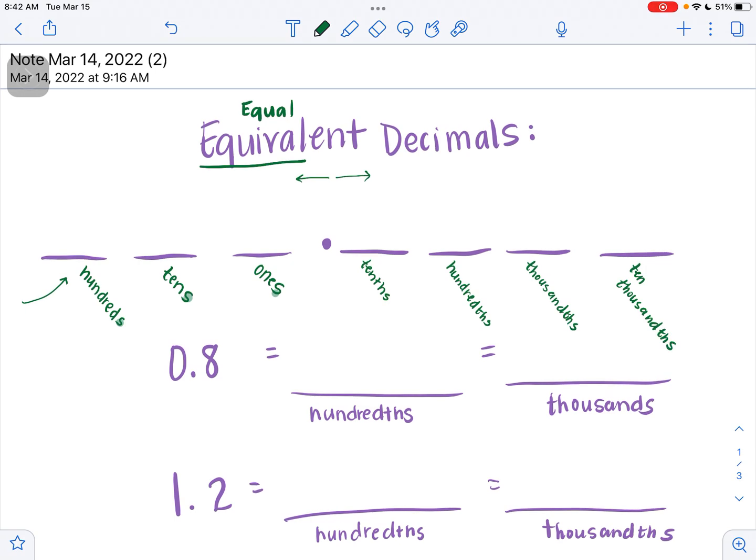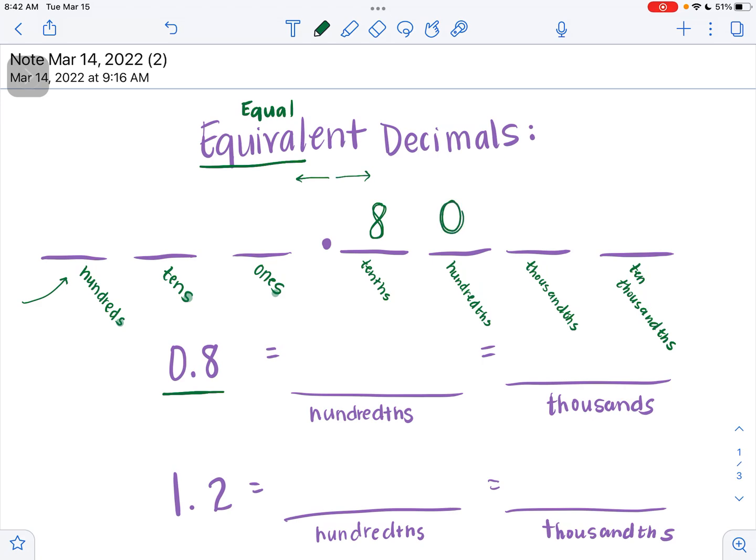Now that we have those place values reviewed, let's talk about what would be equivalent to 8 tenths. So if I'm looking at 8 tenths, I'm going to put my 8 here. And I want to know what's equal or of the same value if I'm in the hundredths spot. Well, to make it the same value, I'm going to have to put 0 here.